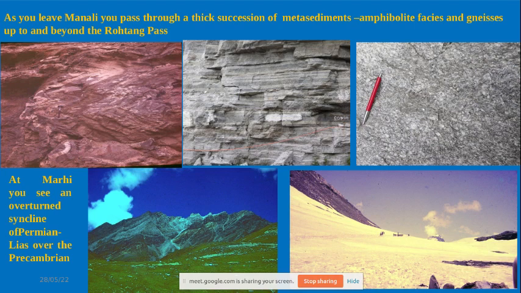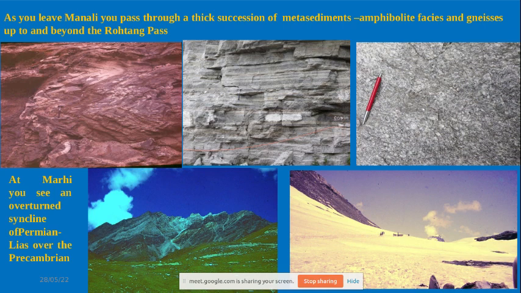We start our journey from Manali. At Manali, amphibolite-grade metasediments are exposed, which are highly folded and deformed. By the time you reach towards the upper part, the Rohtang part, you find the dips are very low and almost horizontal. What you see here in the central part of the top slide is a quartzite and then granites.